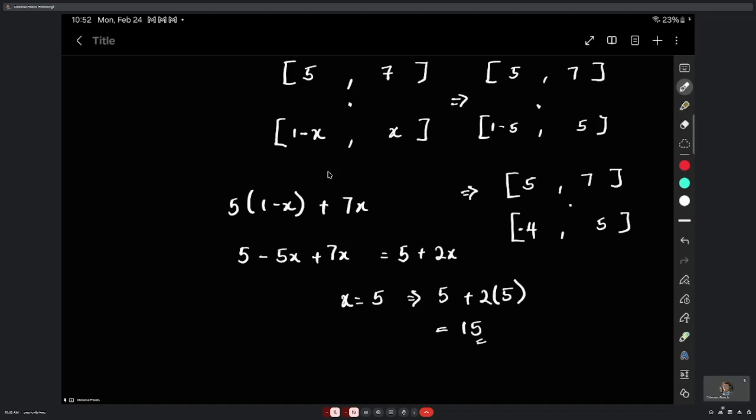So now we've been able to separate. We have the evaluation form, and then we have something like an array that we can actually use to evaluate the polynomial.